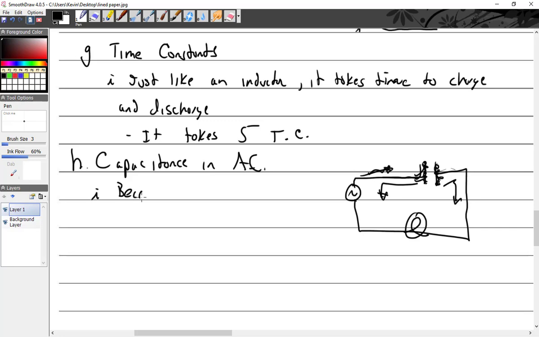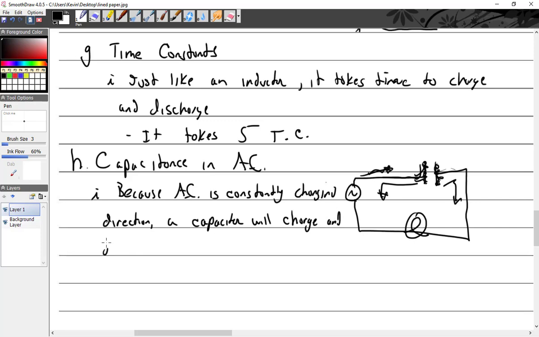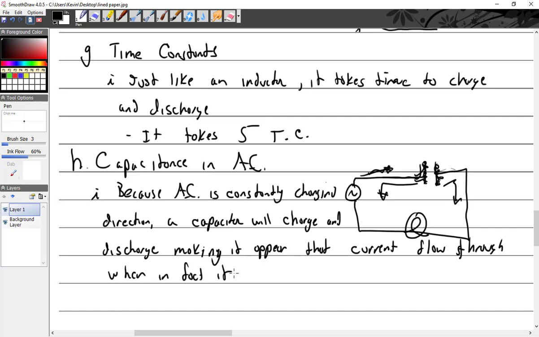So because AC is constantly changing direction, a capacitor will charge and discharge constantly, making it appear as though current flows through it, when in fact it does not.